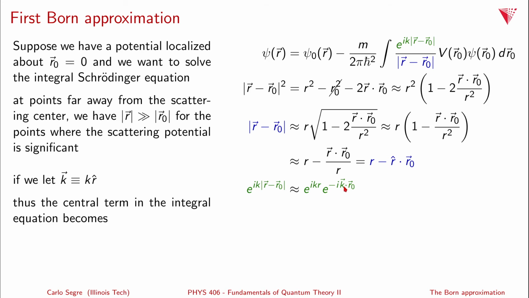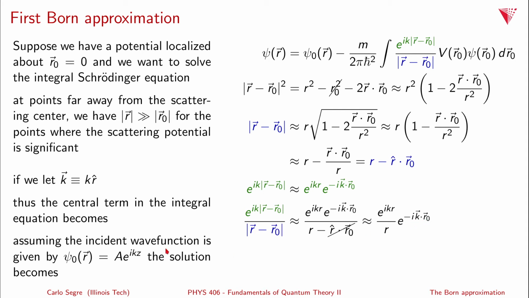So the central term in the integral could be approximated as e to the i k r times e to the minus i k dot r0, over r minus r hat dot r0. But because r is much bigger than r0, we can ignore this second term, and we get that this is approximately equal to a spherical wave, which looks like e to the i k r over r times e to the minus i k dot r0.